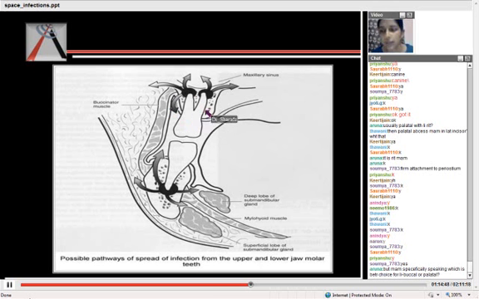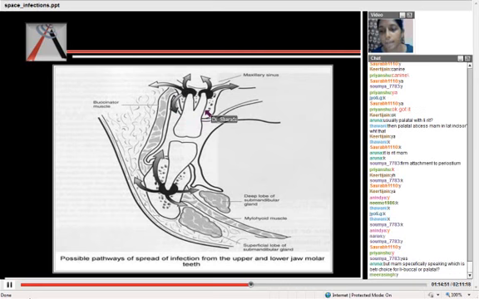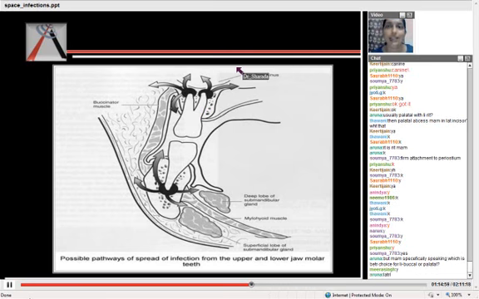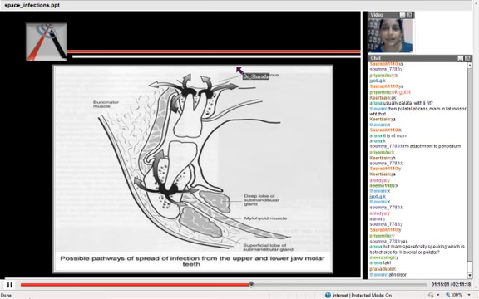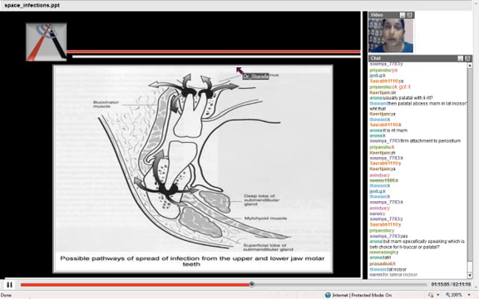Specifically speaking, which is a better choice, buccal or palatal? I didn't get your question. See, if they ask you where will, say, a lateral incisor infection spread, you can go for both options because it is different in different patients.